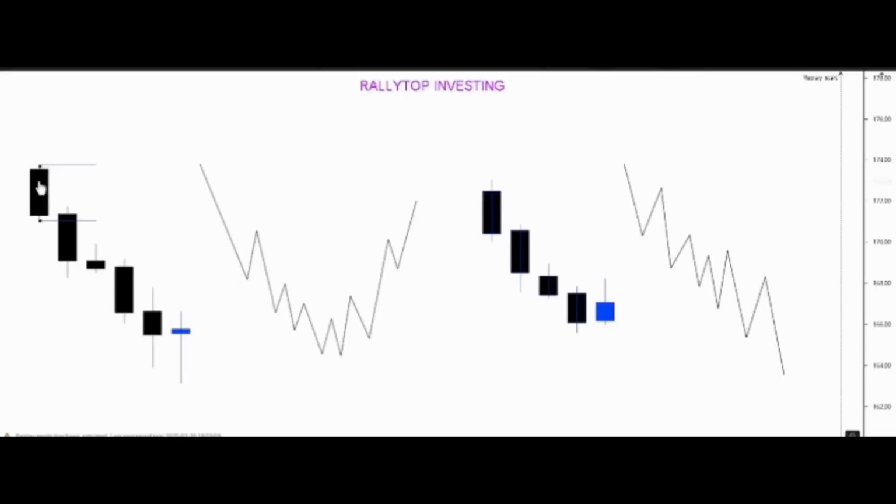So if you look at the high and the low of this previous day's candle, the next day's candle closed below it. If you are going to be using the strategy that I'm about to show you, this is not a good day to enter the market, because this indicates a continuation.